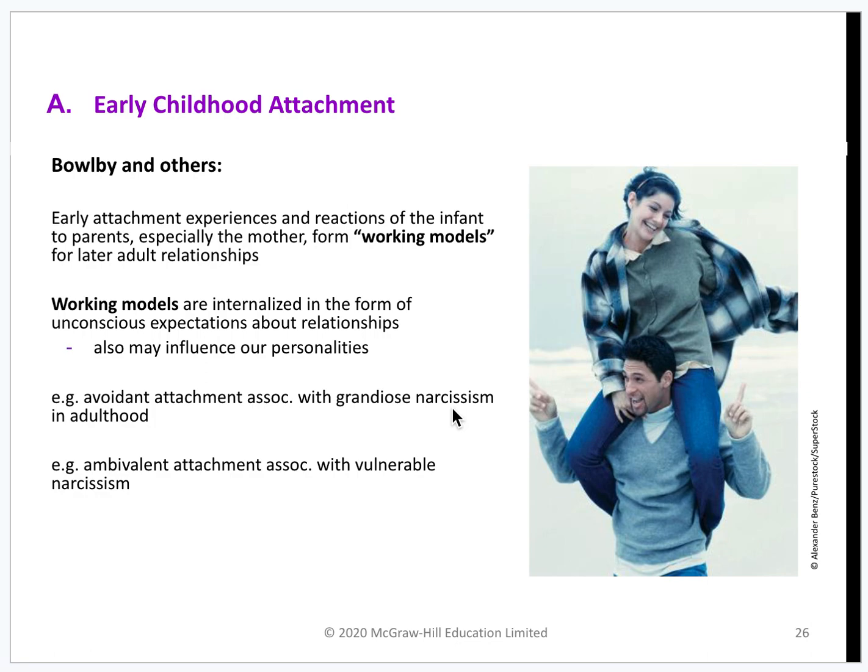So there are correlations and associations between attachment type and your personality when you are an adult. Ambivalent attachment is associated with vulnerable narcissism. So take a look at the different types of associations there are with the attachment styles and adult personality types.